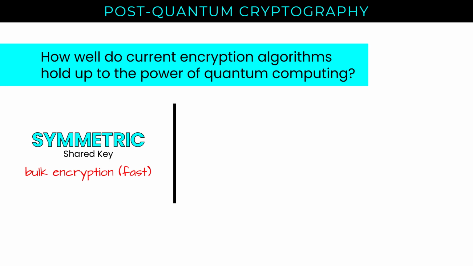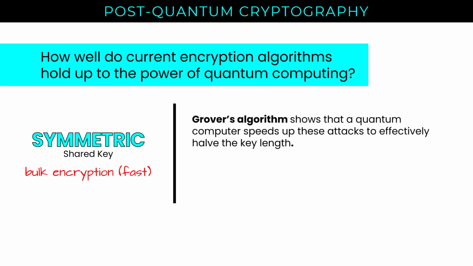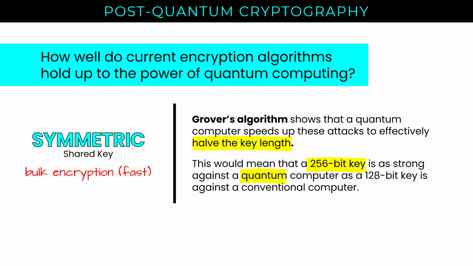So for symmetric cryptography, Grover's algorithm shows that a quantum computer speeds up attacks to effectively halve the key length, to cut the key length in half, that is to say. This would mean that a 256-bit key is as strong against a quantum computer as a 128-bit key is against a conventional computer.